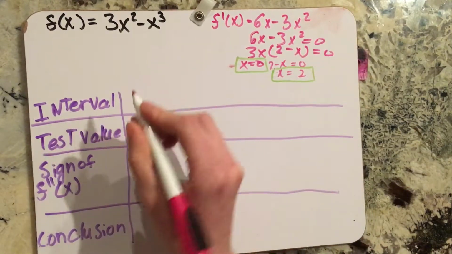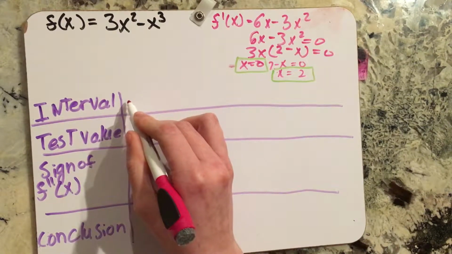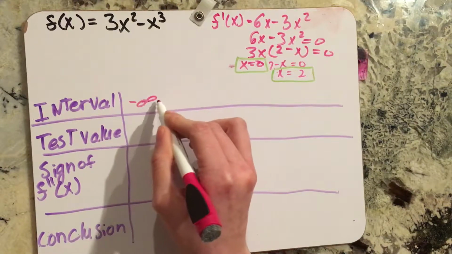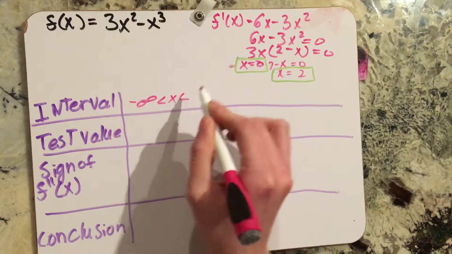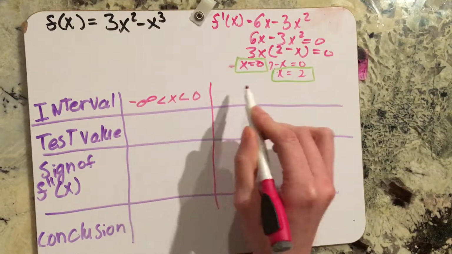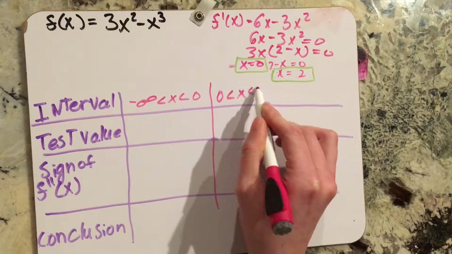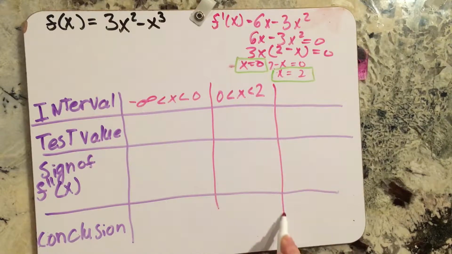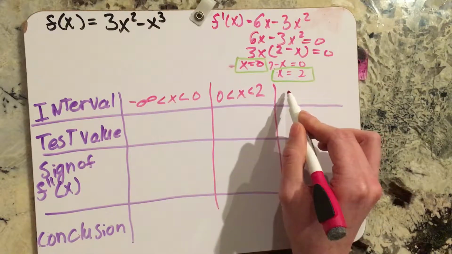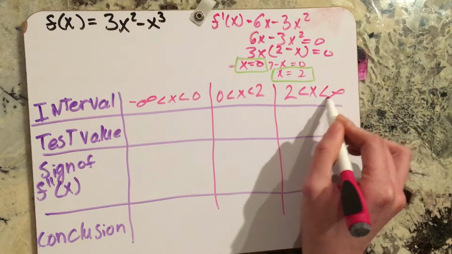Our critical values are going to tell us the intervals that we're looking in. So our intervals are negative infinity to 0, then 0 to 2, and then finally 2 to infinity.